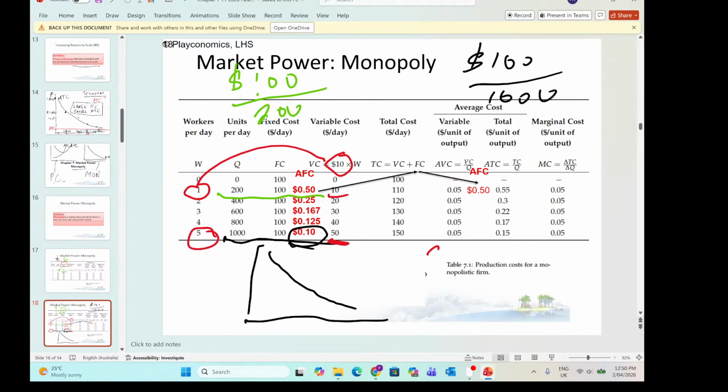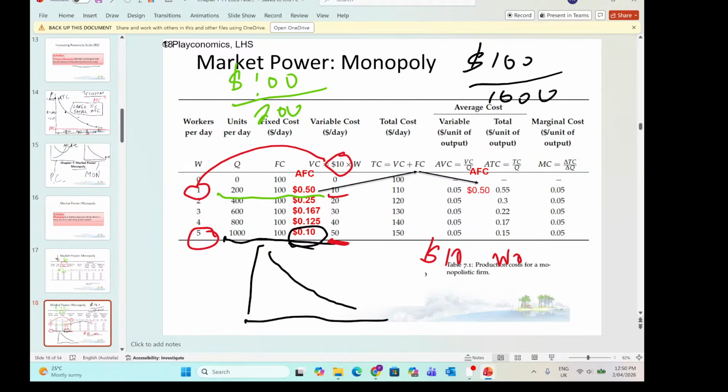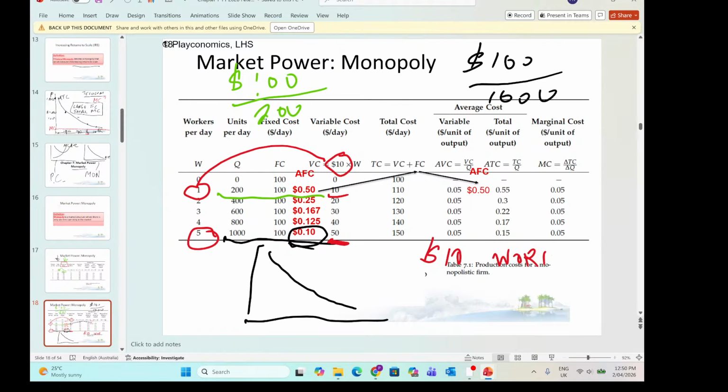Cost of the worker is $10, and I put that over 200 units. Why am I putting 200 units? Because each worker is producing 200 units. And so the average variable cost is 5 cents a unit.